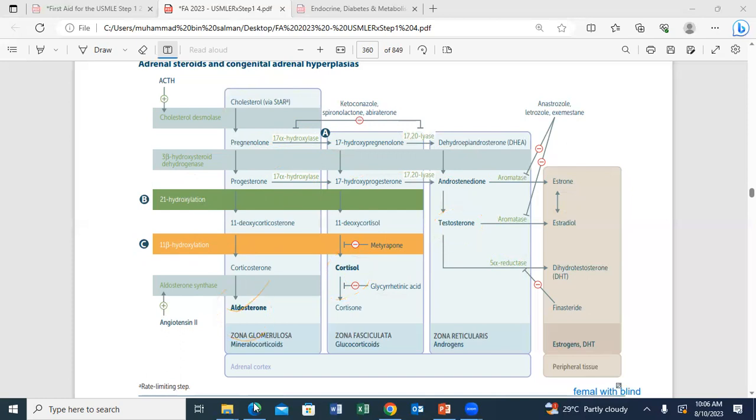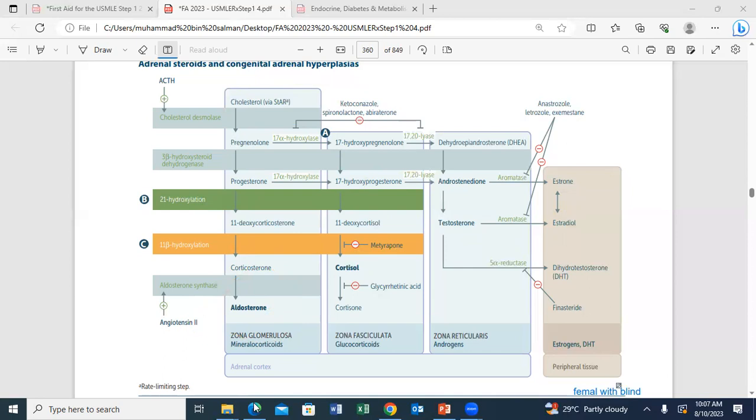And since aldosterone has a function of sodium resorption and potassium excretion, there will be hypernatremia and hypokalemia, right? So these are going to be the conditions. And hypernatremia or increased aldosterone means increased blood pressure. So there will be hypertension. And since the adrenal cortex is producing excessive aldosterone, this excessive production can lead to adrenal hyperplasia.